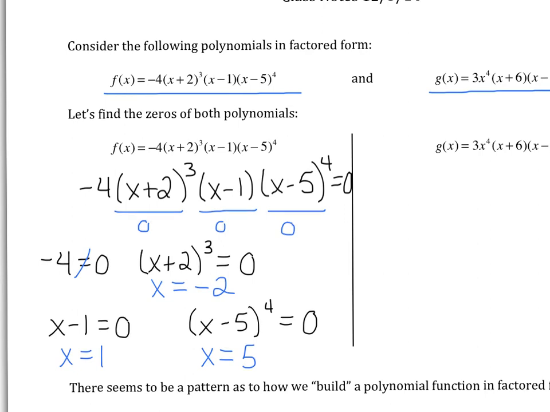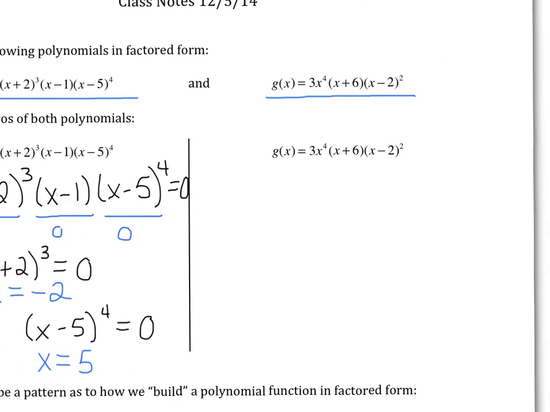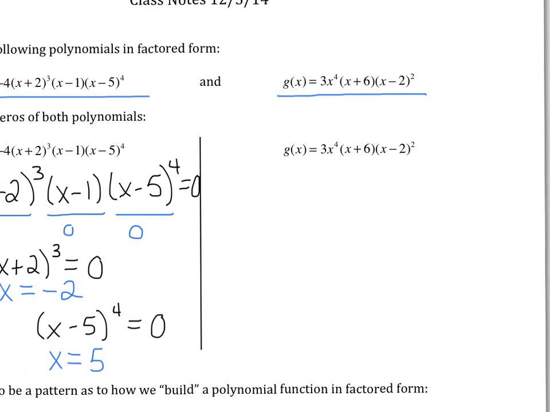Let's do the same for polynomial g. We'll set each factor equal to 0, right? Because if we're looking for the zeros, we're saying this whole function must be outputting 0 if we are crossing the x-axis.